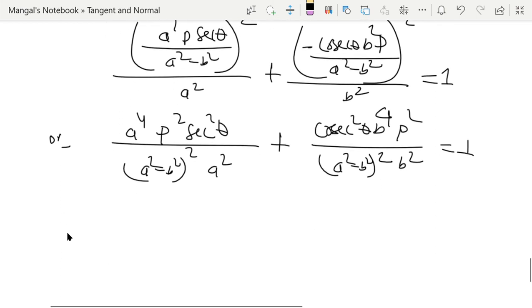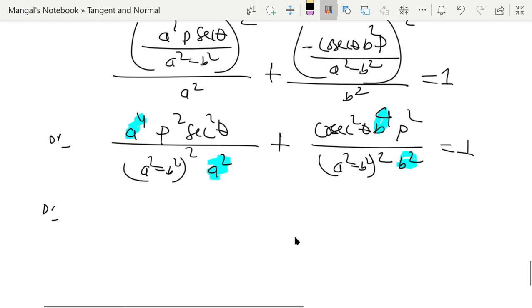And after that, we can cancel a power 4 and a square over here. Okay, I'll show you. A power 4 and this a square could be cancelled, and will result a square only, and in the second term, b power 4 and b square could be cancelled, and by cancelling there will be remaining b square only. Okay, let's write over here down.